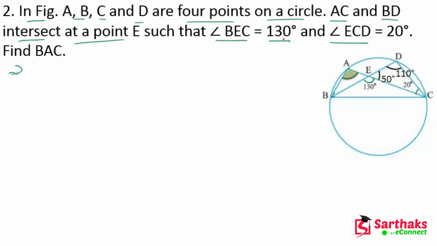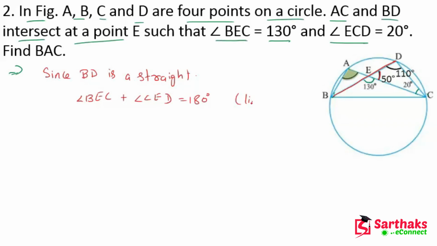Here, we know that since BD is a straight line, angle BEC plus angle CED is equal to 180 degrees, because they are a linear pair, and the sum of a linear pair is 180 degrees.